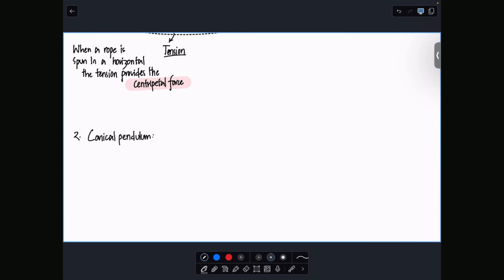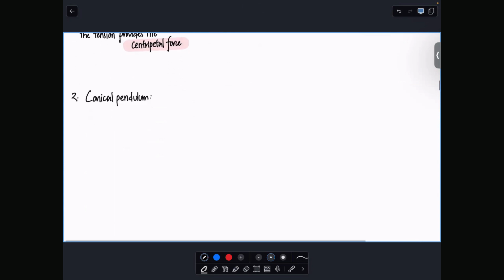Conical pendulum is this. Do you see that? If you look at the base that's forming here, isn't it a circle? And if you take the rope and see what shape it forms, doesn't it form a cone? So that's a conical pendulum. You take a rope, attach your mass at the bottom, and make it go in a circle.